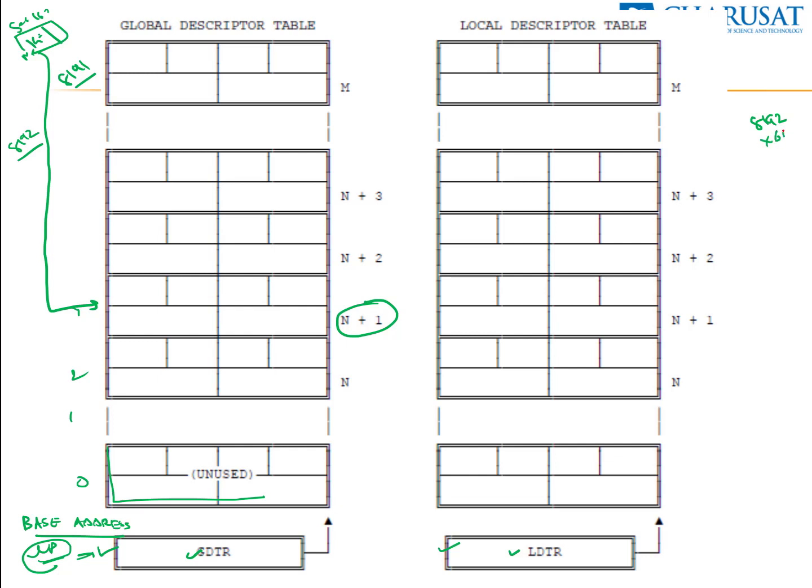If we multiply by 64, we get the size of either the LDT table or the GDT table, because each entry is 64 bits in length.